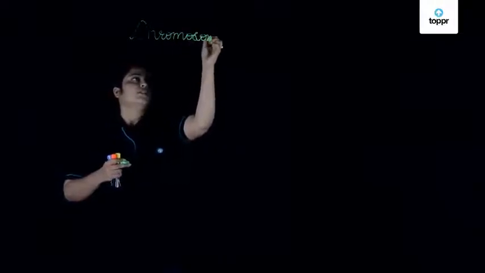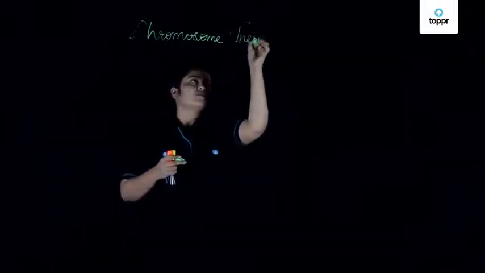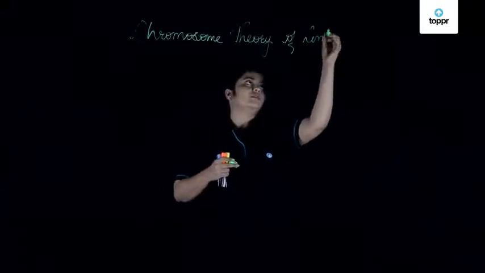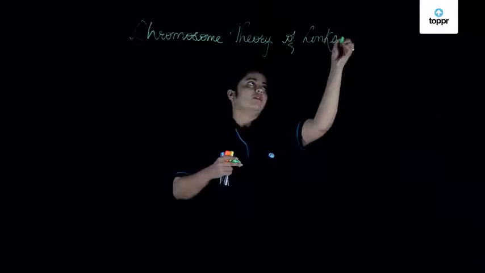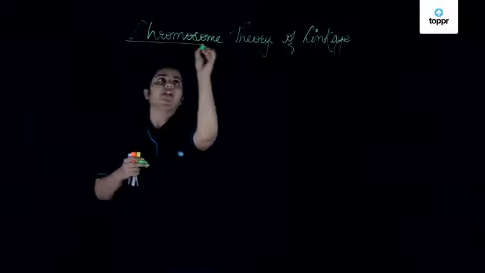After confirmation that yes, there are genes which always have a tendency to stay together, this was put forward as a hypothesis which got accepted as a theory, called the chromosome theory of linkage. Yes, let's try talking about this particular theory.